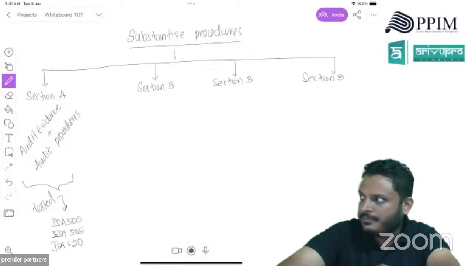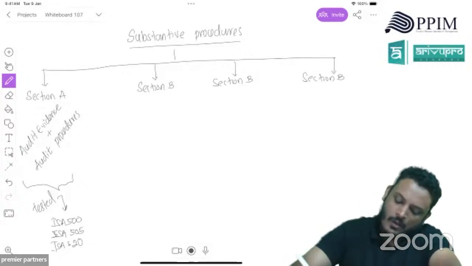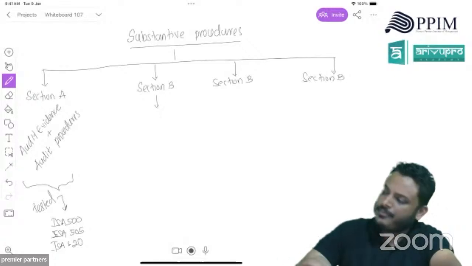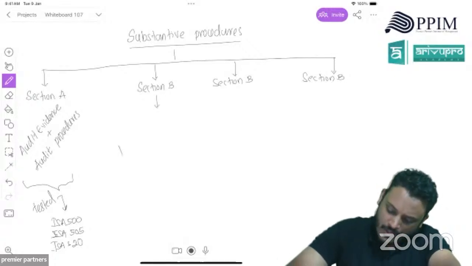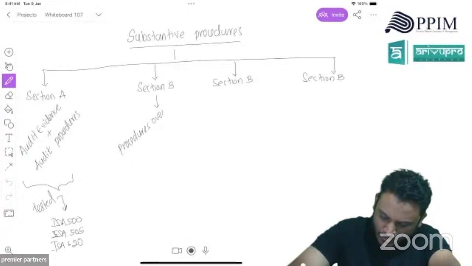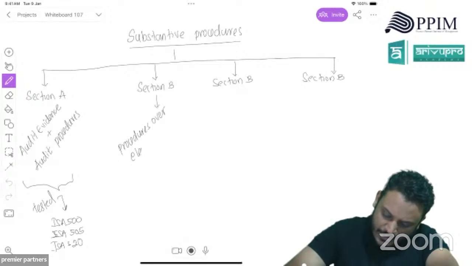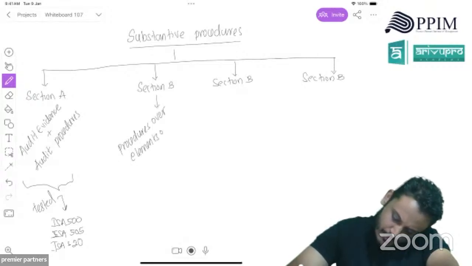In Section B, some questions are direct questions, that is, procedures over elements of financial statements.